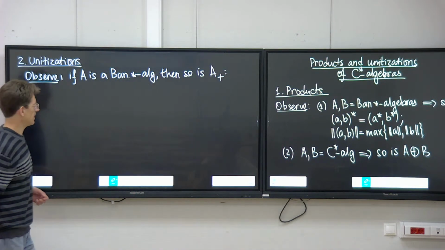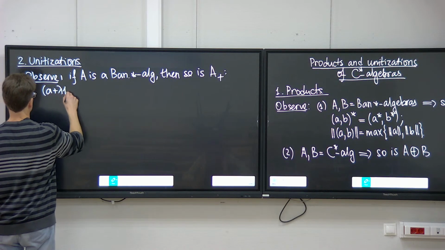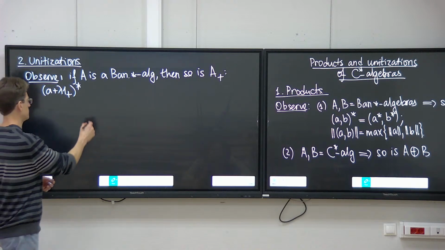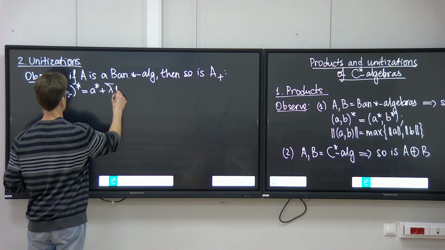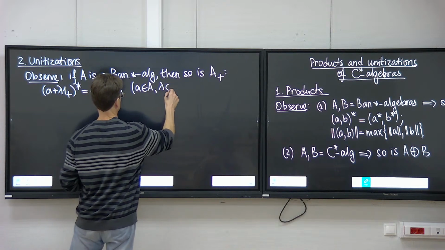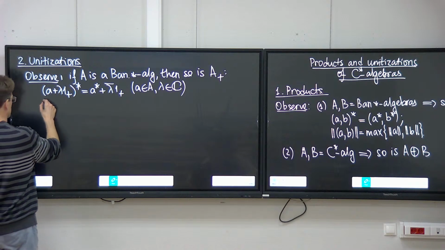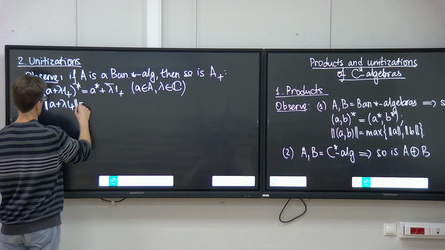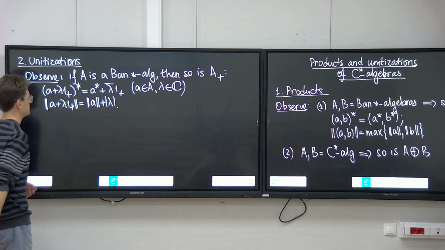Well, indeed, the involution on A plus is given by the only reasonable formula which can be written down in this case. This is just a star plus lambda conjugate times 1. And this is an involution on A plus, and let's recall that the norm on A plus was defined to be the sum of the norm of a and the absolute value of lambda.